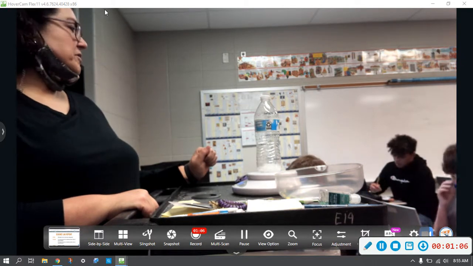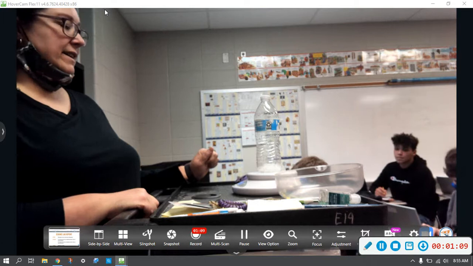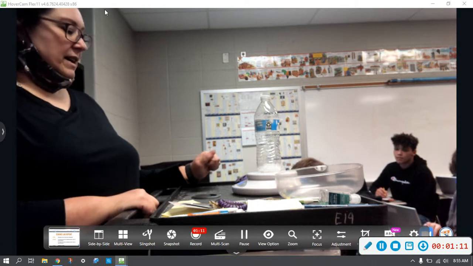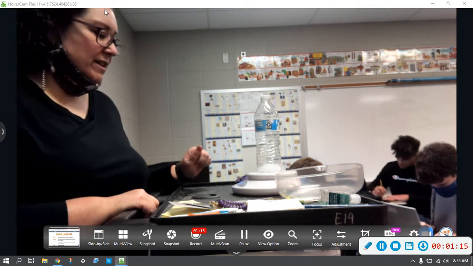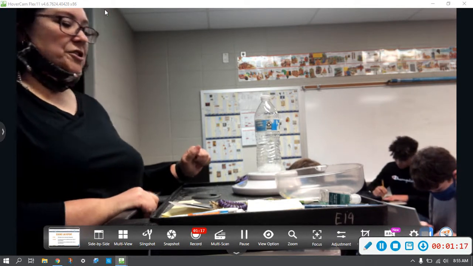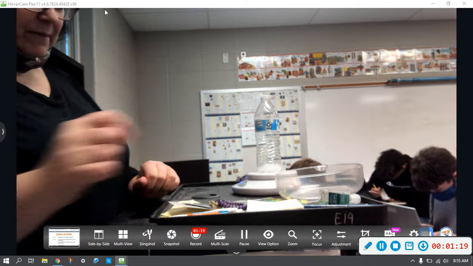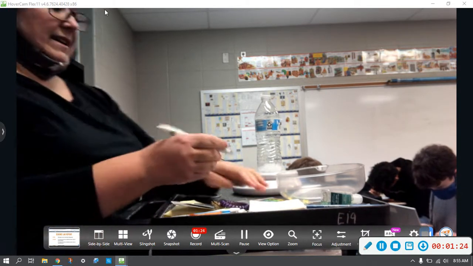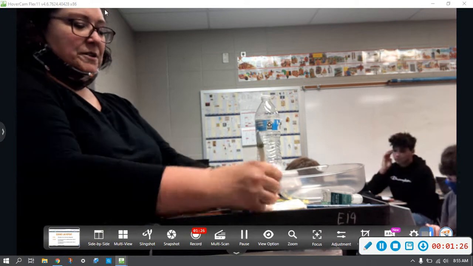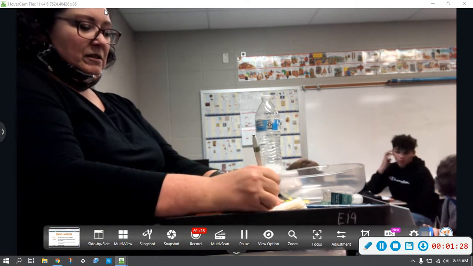I'm going through the procedure, so you need to be writing this down. I'm measuring the mass of the bottle with the ice, which is 32.2 grams. I'm going to write that down because that needs to go into your data table. 32.2 grams.